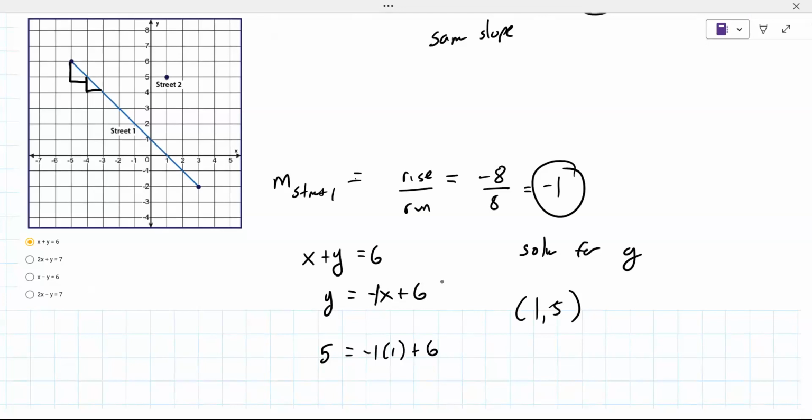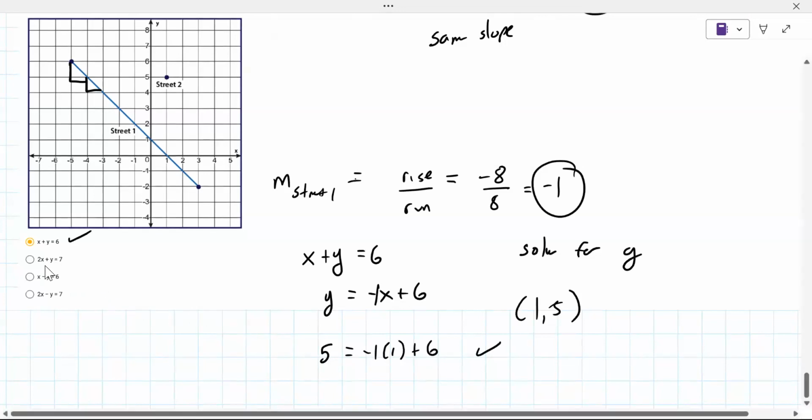Yeah, it is. So that works. Now, you would have found, if you'd worked this out, that none of the others have a slope of -1. But let's just say another one did. You would have to make sure that it goes through that point.